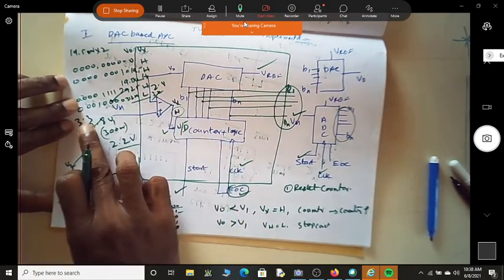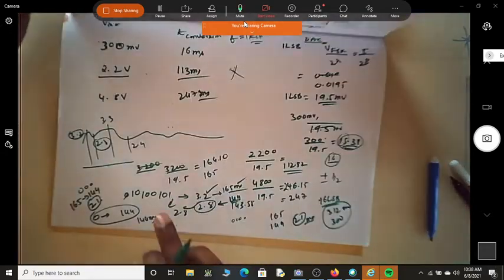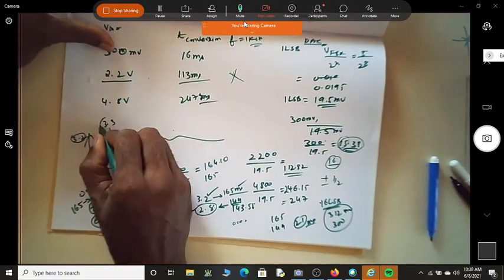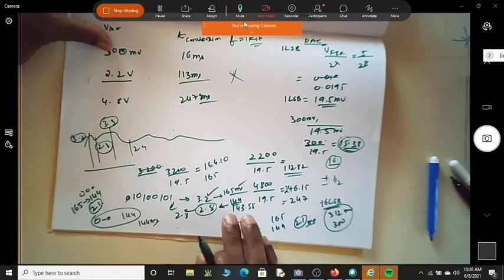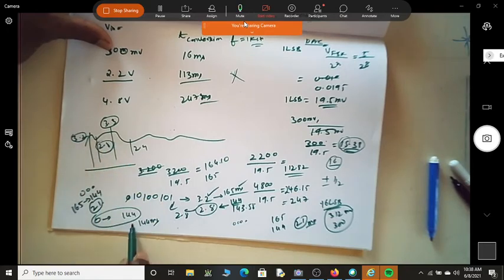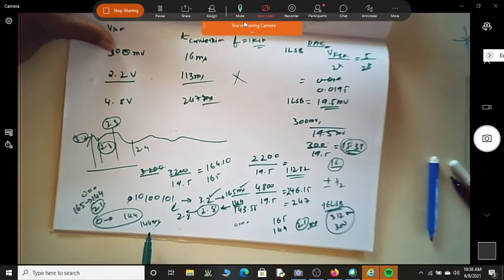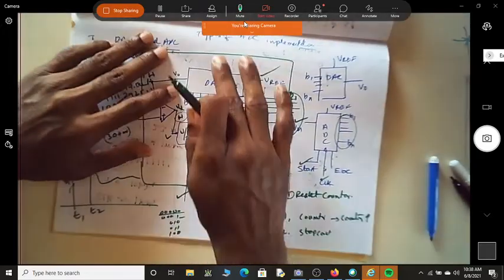This is 2.8, this is 3.3. Will it be high? High, sir. If it is high, then it starts up counting because you are looking for a digital equivalent of this 3.3. So for 3.3, whatever is the equivalent, it will go those many steps, not from the scratch, but from 144. Correct? Yes, sir.